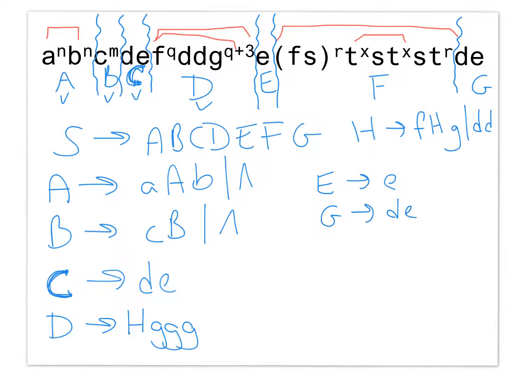All right. And now let's deal with that big F thing. So what do we got? We have Fs to the R followed by T to the R at the end. And we're calling this F. So I'm going to say, let's see, F is going to go to Fs followed by F followed by, what's at the end?